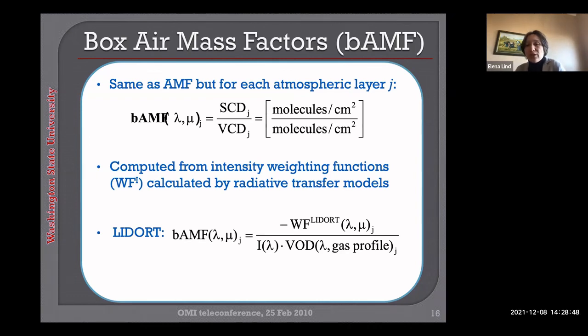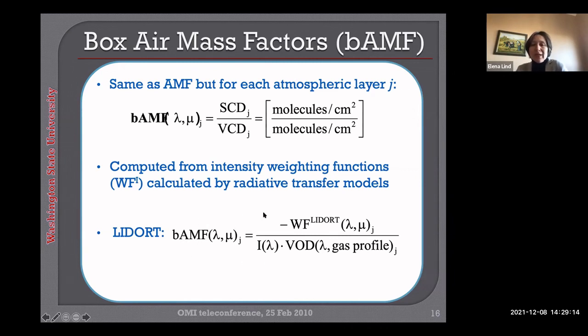It's a normalized weighting function. This is the definition: an intensity weighting function calculated by the radiative transfer models, normalized by the intensity and the vertical profile of this gas, the optical depths of the gas that you're interested in.